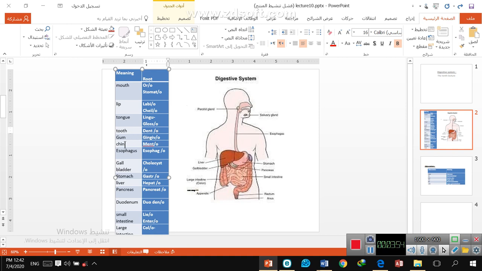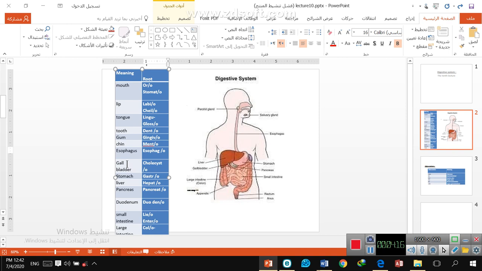This is the chin. In Latin it means ment or mento. Then esophagus in English. In Latin we see esophag. We can add a suffix or a prefix to make a term here.